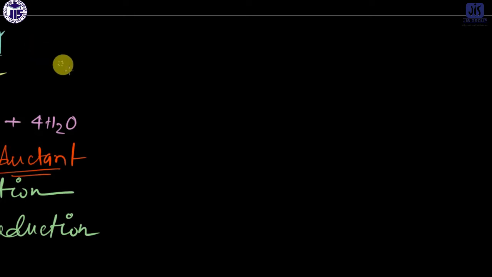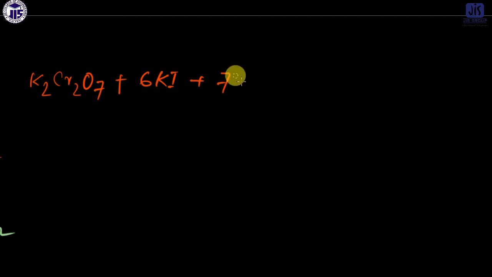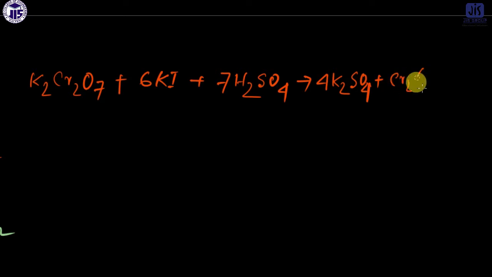If the reaction is like this, we can write K2Cr2O7 plus 6KI plus 7H2SO4 gives 4K2SO4 plus Cr2(SO4)3 plus 3I2 plus 7H2O. This is the reaction.